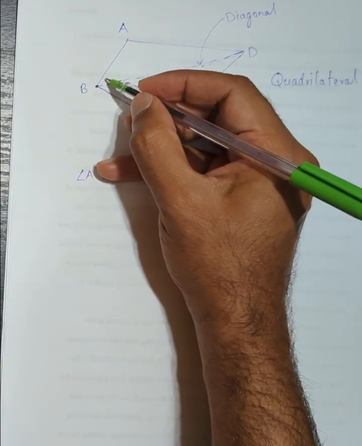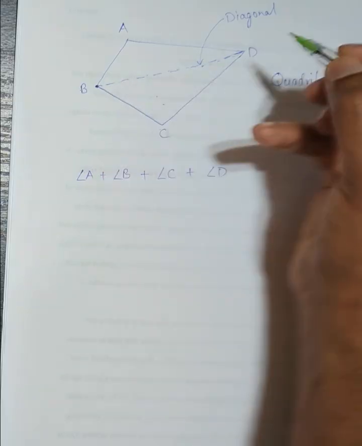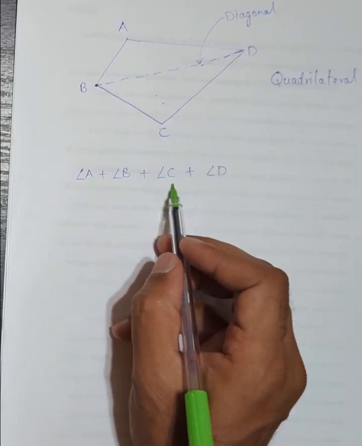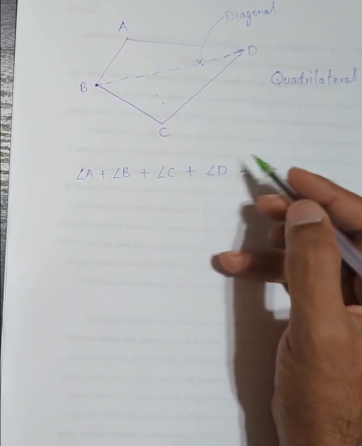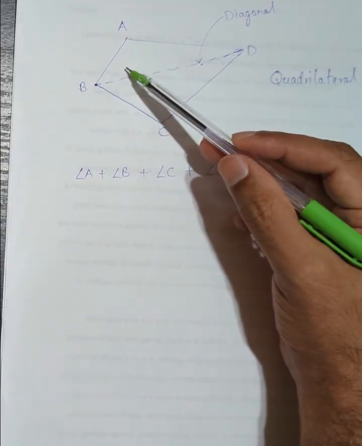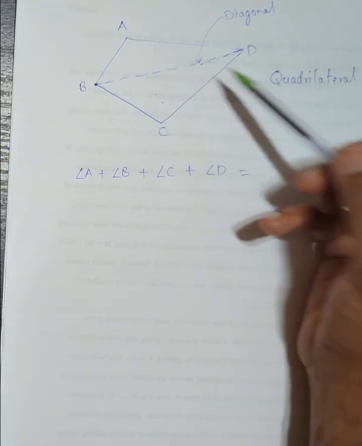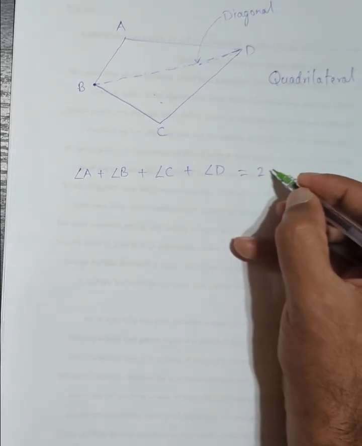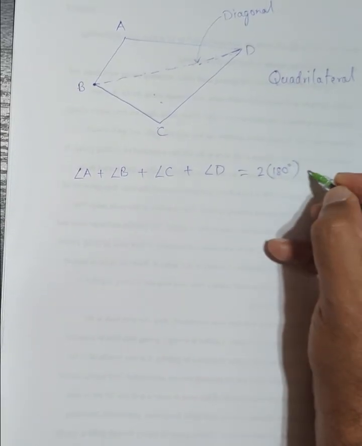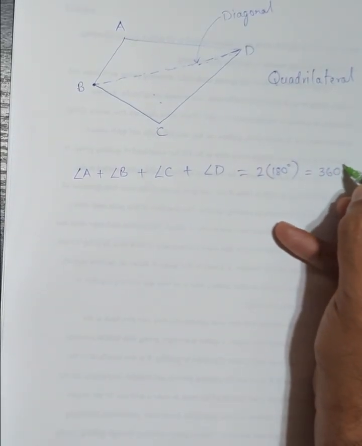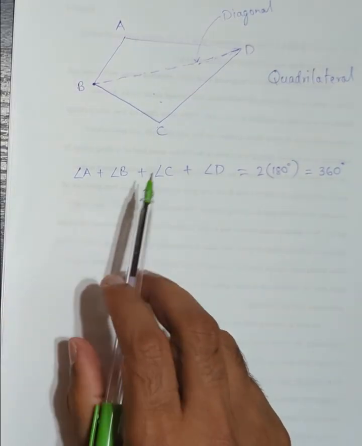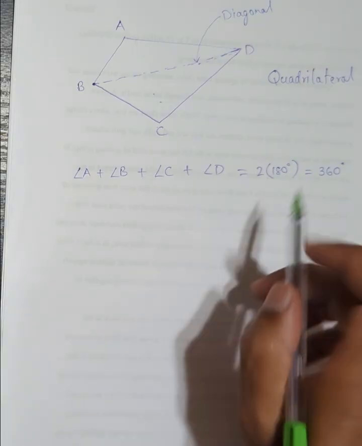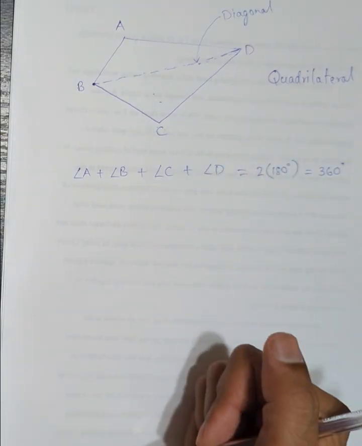And notice angle B got split and angle D got split. So angle A plus angle B plus angle C plus angle D should be the sum of the angles of triangle ABD and the sum of the angles of triangle BCD. So it should be 2 times 180 degrees, which is equal to 360 degrees. And that's going to be useful information when we discuss different quadrilaterals next.